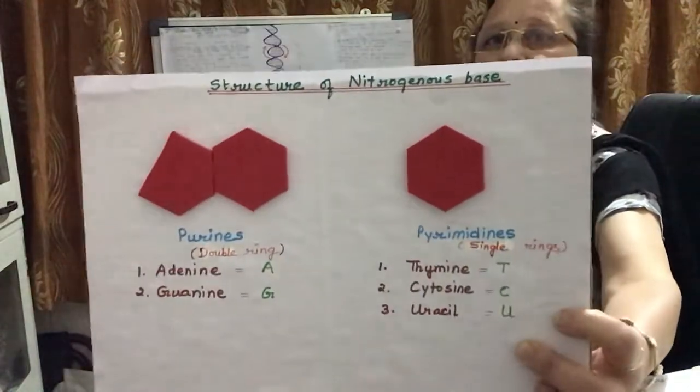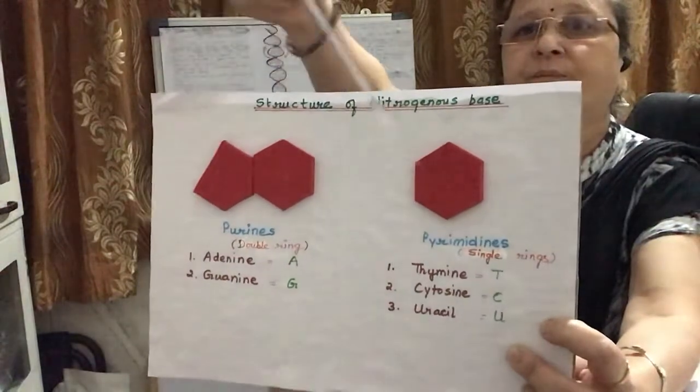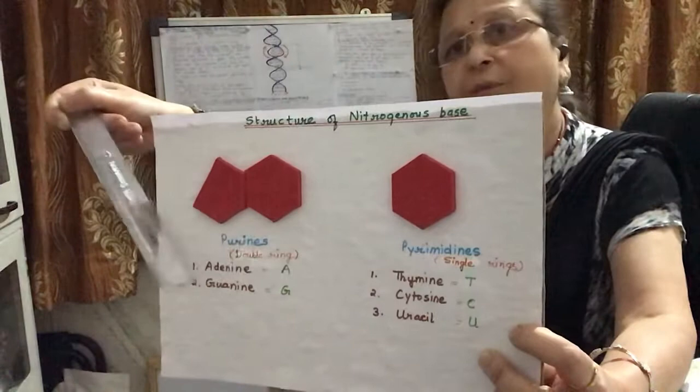So single ring and double ring. The single ring structure is called the pyrimidine and the double ring structure is called the purine. See once more, like this. This is the single ring structure, pyrimidine, and this is the double ring structure, that is called the purine.